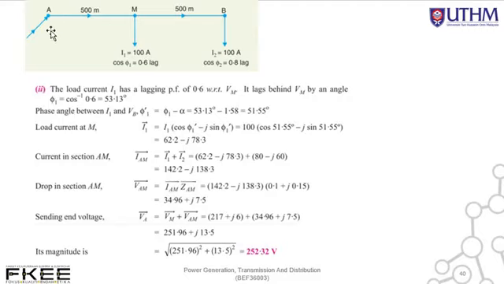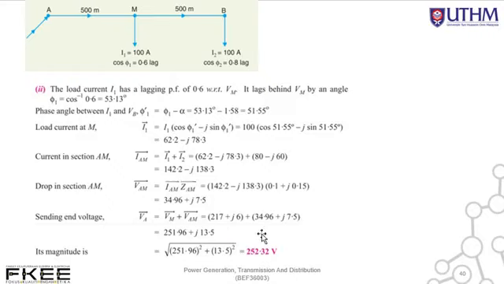The sending end voltage is VAM plus VM. We calculated the value of VM in the first part of this question. So 217 plus j6 plus 34.96 plus j7.5. The final answer for the sending end voltage is 251.96 plus j13.5 volt.